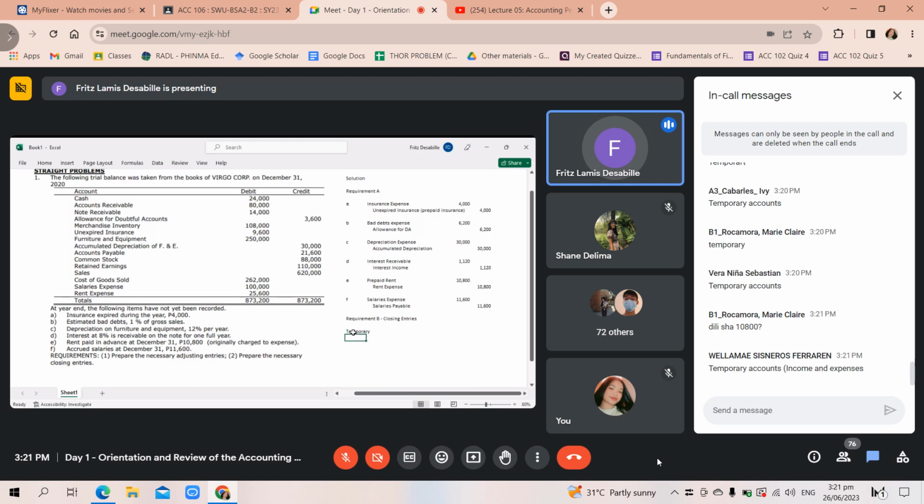Which are the temporary accounts here? Sales, cost of sales, and expenses.